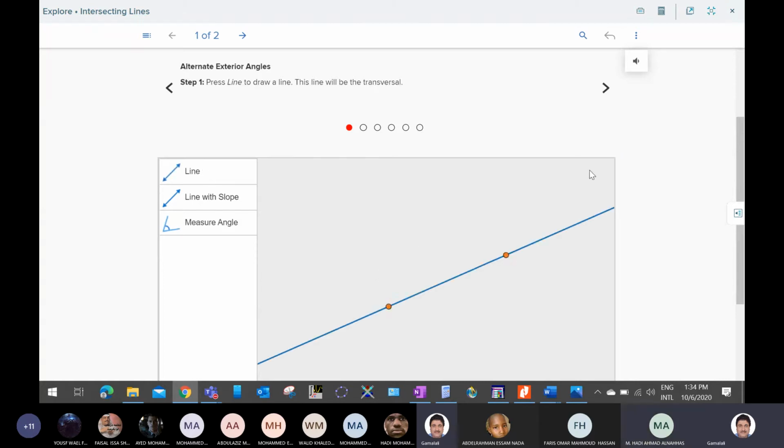It is correct. When I move this, Muhammad. Yes. You remember when I said to you, look at the slope? You said it doesn't get to 90, yes? Okay. It's not now a right angle.